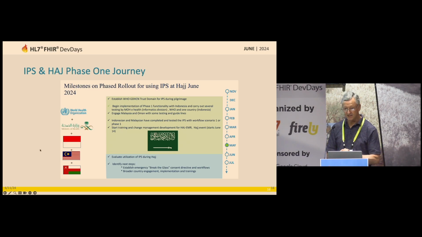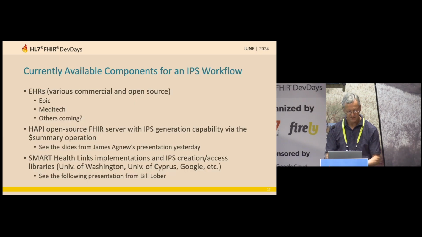They're going to be testing out the IPS with this. I'm not personally involved in that, but I'm really excited to see how that works, and that's happening this month. I'm not sure even what the dates are, but it's coming right up, so that'll be really exciting to see the results of that.